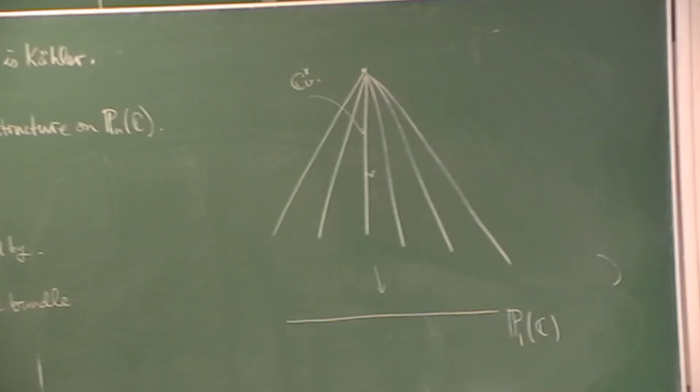You have a structure upstairs, you want to push it down downstairs. That's the first thing to try, but this is a positive dimensional fiber, so it's not so clear you can do it. If you just have a few points upstairs in each fiber, you can push something down by averaging over those points. But here, what can we do? You might want to integrate over something, but that's a non-compact fiber. So pushing down is maybe a non-trivial thing.